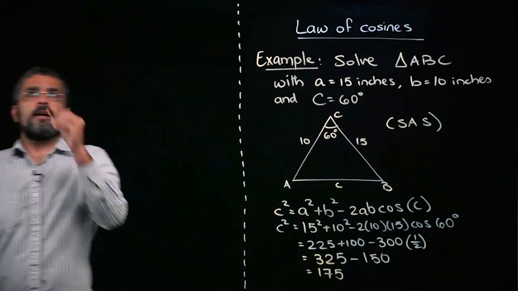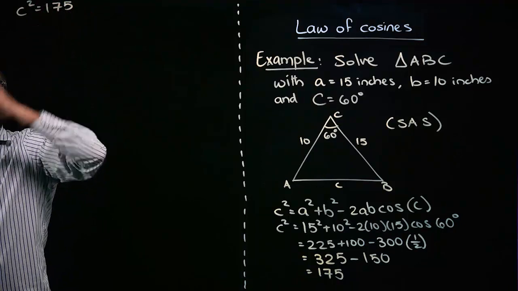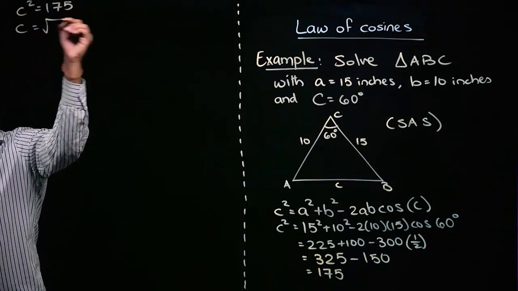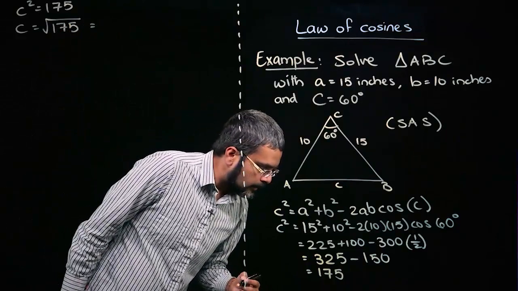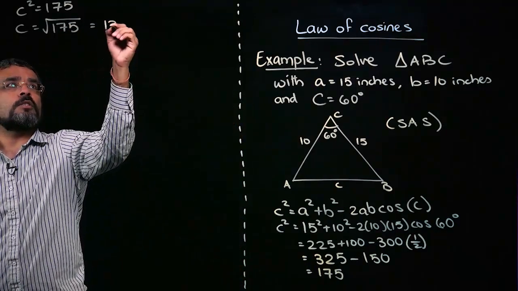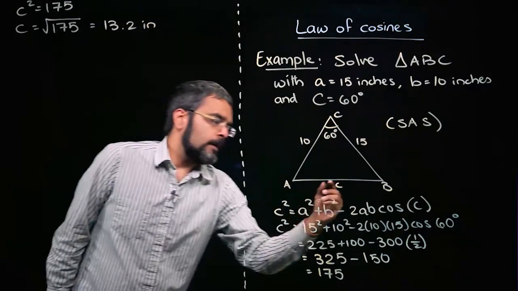So I have c squared is 175, and so then c would be the square root of 175, and that comes out to approximately 13.2 inches. So c comes out equal to 13.2.